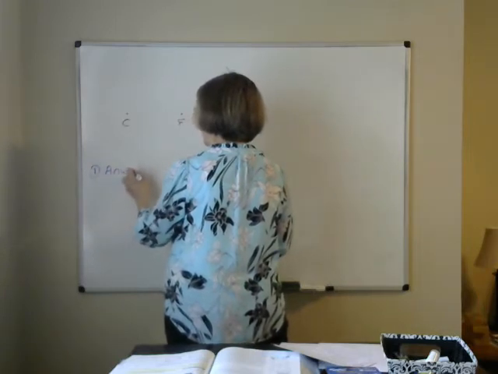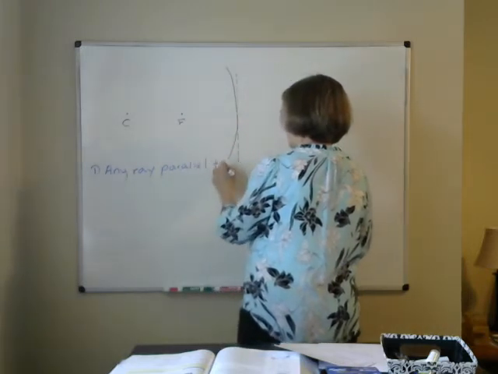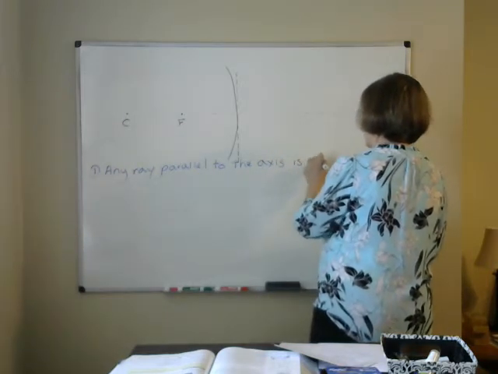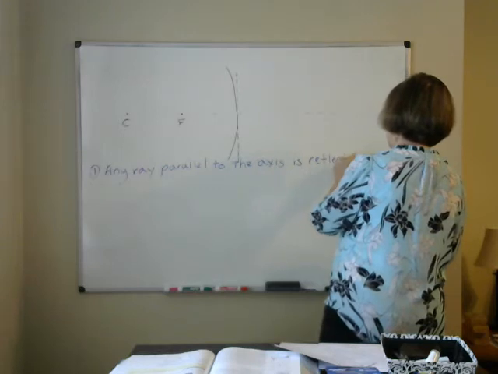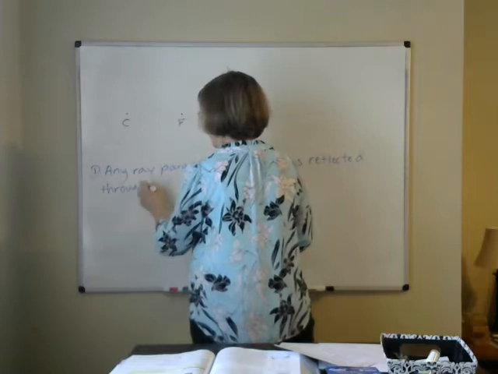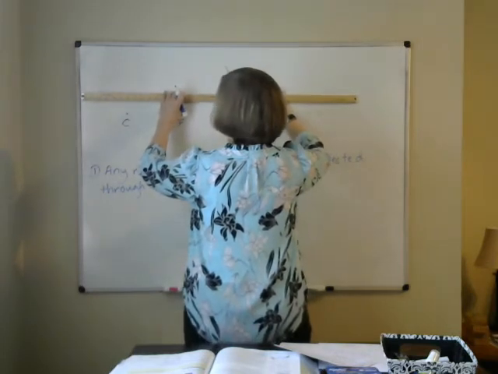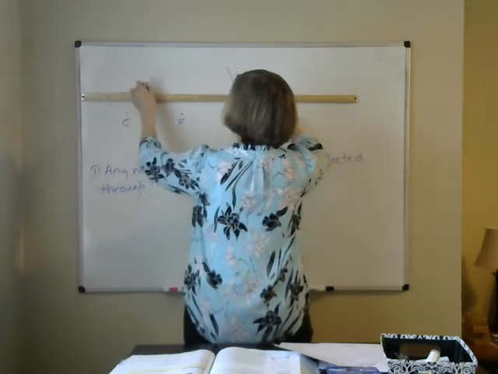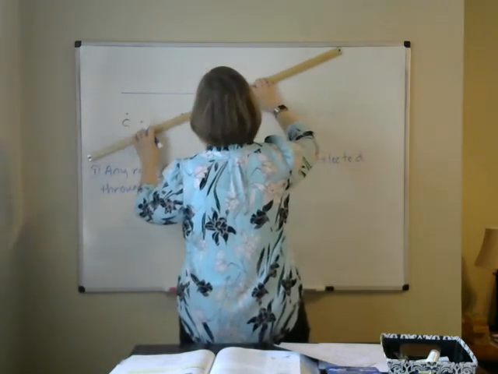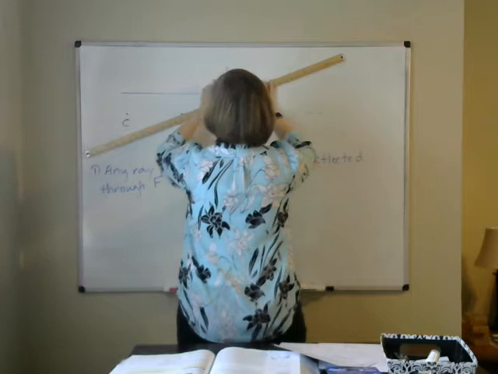Any ray parallel to the axis is reflected through F. So, if I draw a ray coming in, and when I do this, I want to draw it all the way to that dotted line. I know that seems weird. And it will reflect through F.